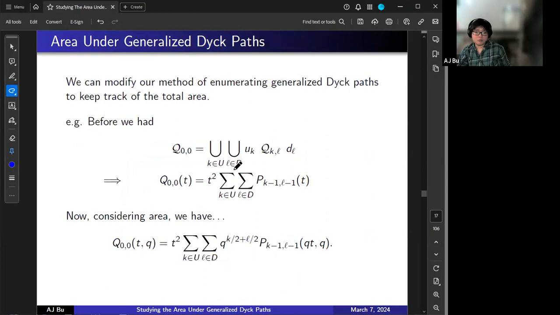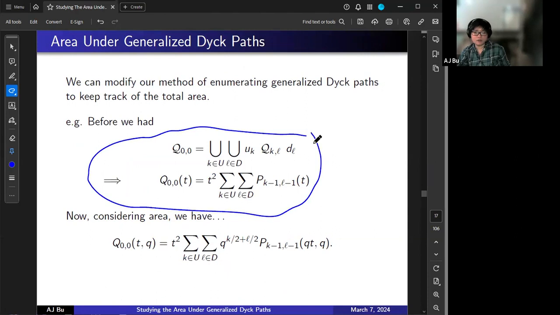So for example, before, this is what we had in our slide where we talked about finding the Q sub 0,0s. But if we want to consider area, we still have the T squared from the U sub K and D sub L, because it's still 2 steps. But we have to think about the area under those 2 steps.